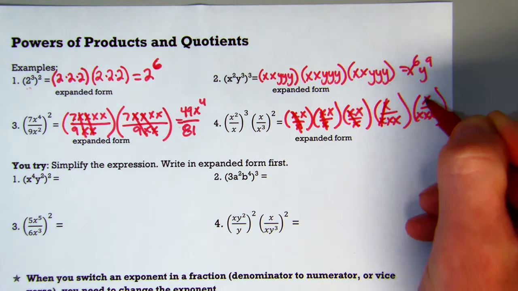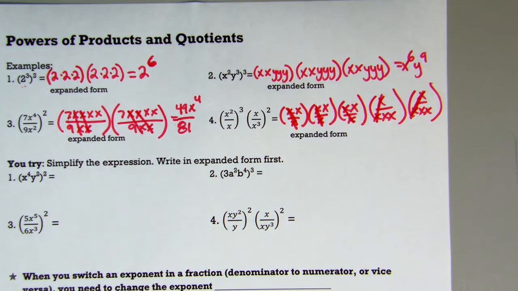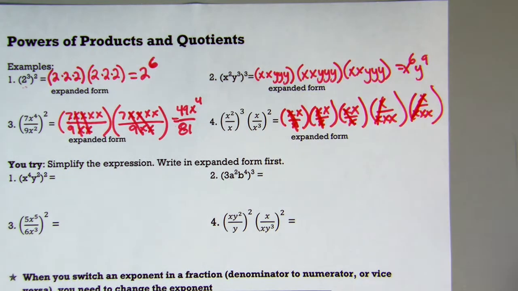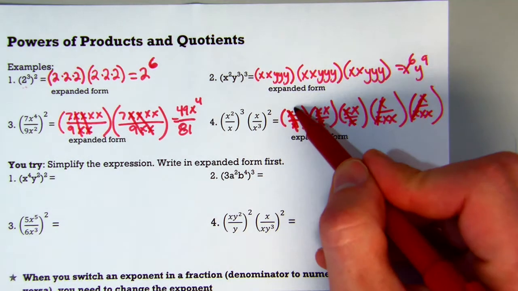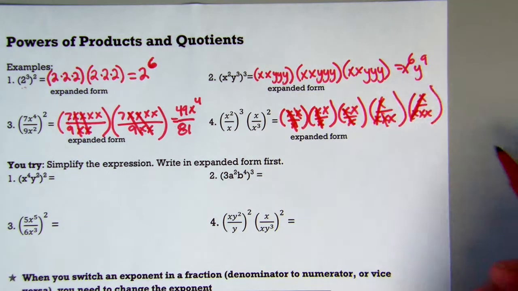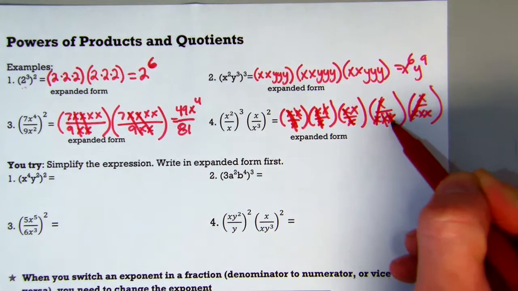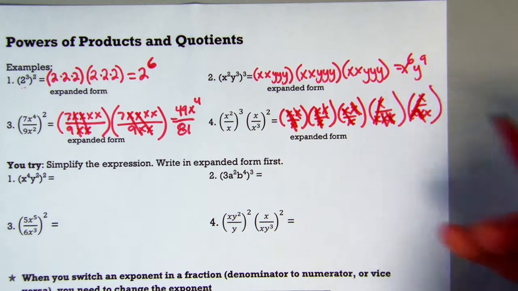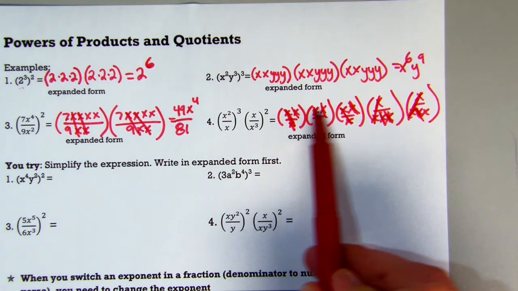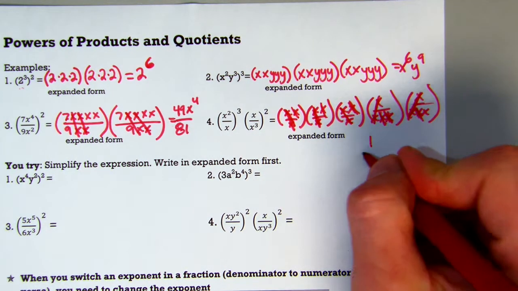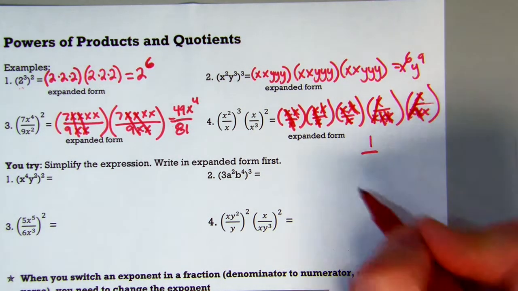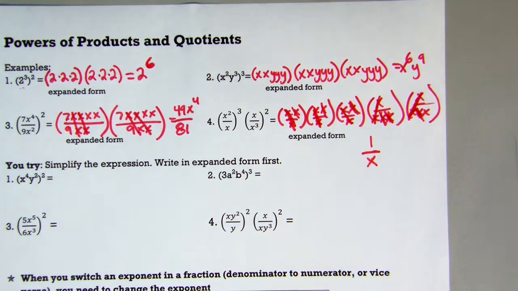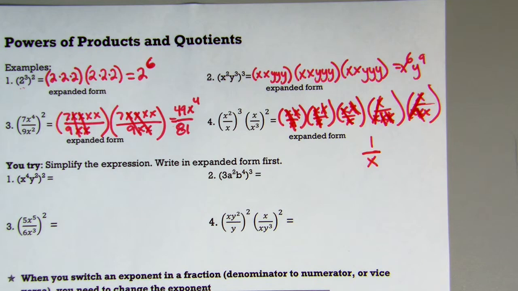Even though they're in different parentheses, I can still cancel out over here. So it leaves me with 1. And so 1 over x is my final answer for that one.